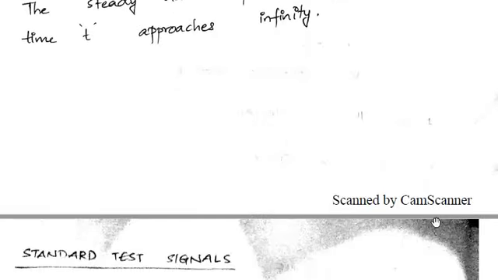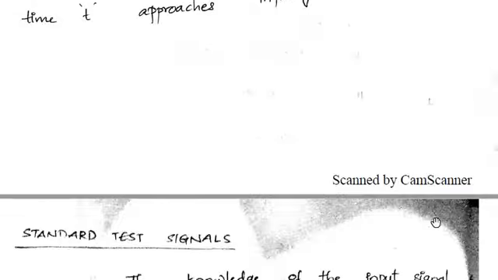So now we are moving on to the next topic, which is the standard test signals. There are several test signals used in control systems, and actually the knowledge of these test signals is required to predict the response of a system, because in practical cases we don't know what would be the input, or what would be the nature of the input.